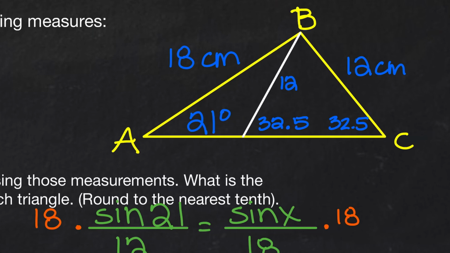So in order to find this angle, we'll call it y, we're going to say 180 minus 32.5. And that gives us 147.5. So that would be the measure of this obtuse angle here. This would be 147.5.